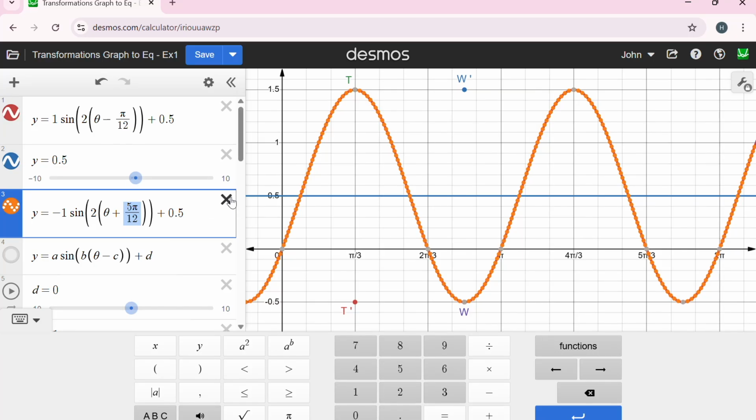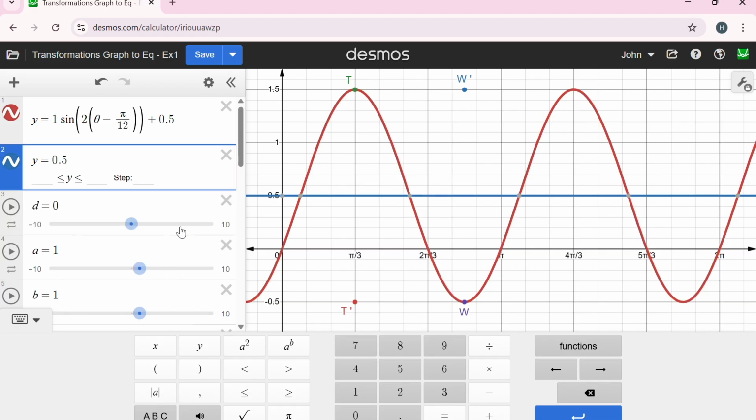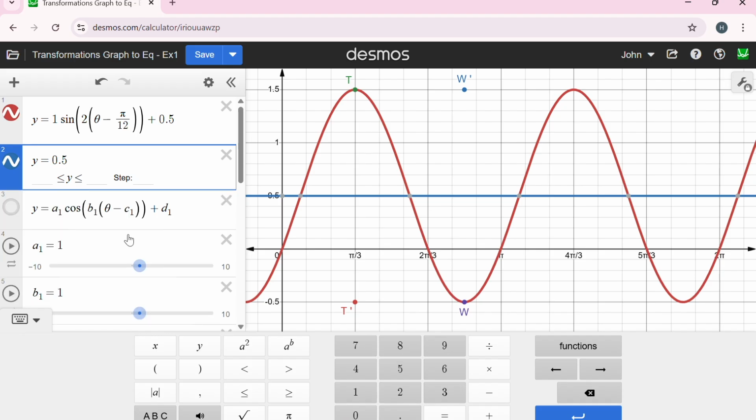Let's get rid of this. I'm going to keep my sinusoidal axis. Okay, let's bring the cosine up here.